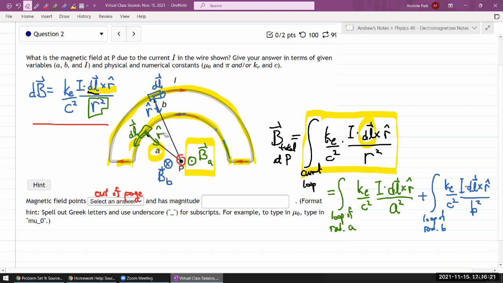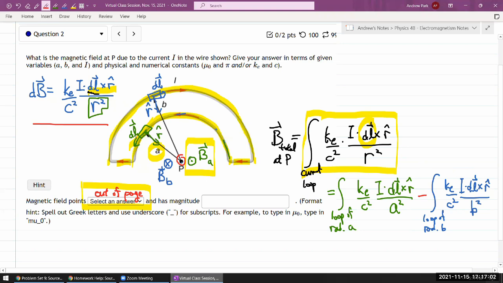Now, that's the magnitude. And in terms of the directions, that's exactly what we worked out here. So we could say, okay, out of page is positive, then this integral will give me a positive value, and if I modify the second term so that I'm subtracting what I get from my second integral, then I can work out the integral here, just worrying about the magnitudes. The directions have already all been accounted for.